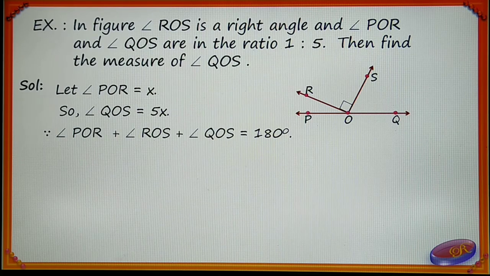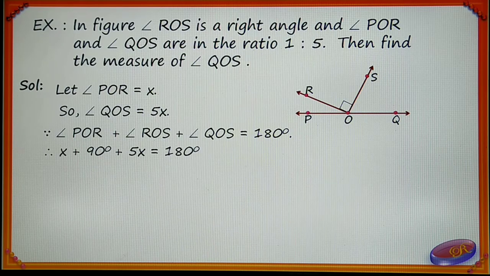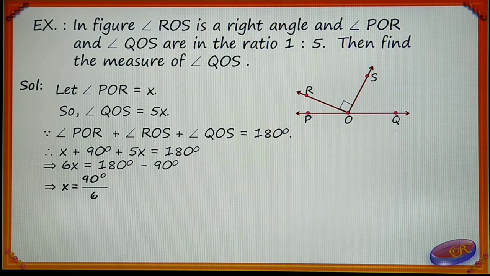This implies x plus 90 degrees plus 5x is equal to 180 degrees. This implies 6x is equal to 180 degrees minus 90 degrees, implies x is equal to 90 degrees by 6, implies x is equal to 15 degrees.